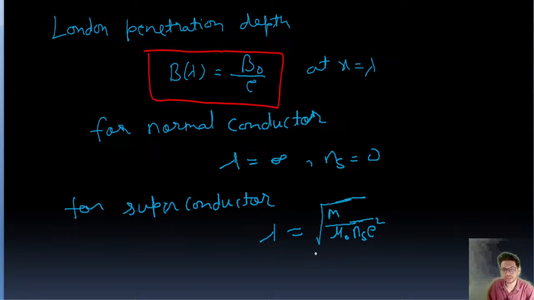Okay, that is the penetration depth. That implies lambda is proportional to 1 upon root ns, where ns is the number of super electrons. So the penetration depth in case of a superconductor is proportional to 1 upon root ns. This is important to tell, guys.